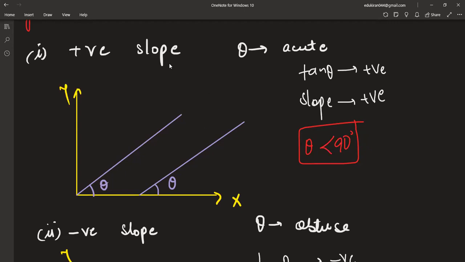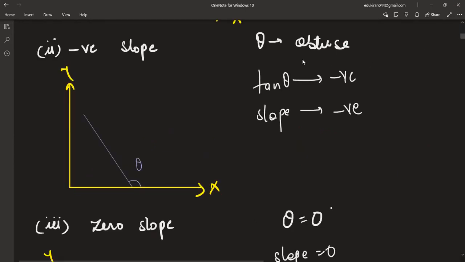So whenever you have theta acute, that is less than 90 degrees, tan theta becomes positive, tan 30 degrees, tan 25 degrees, all these are positive. If tan theta is positive and slope is equal to tan theta, then slope also becomes positive. This type of graph is a straight line, but the type of slope that we are obtaining is called a positive slope.